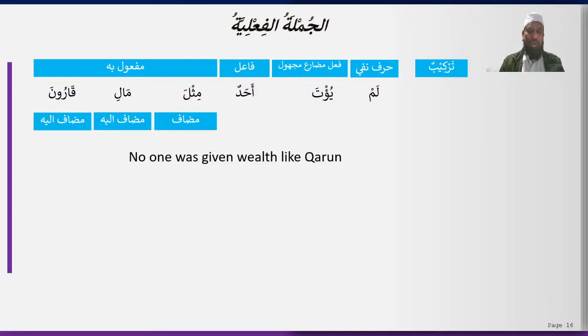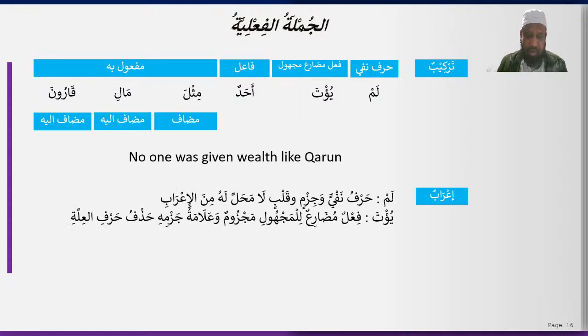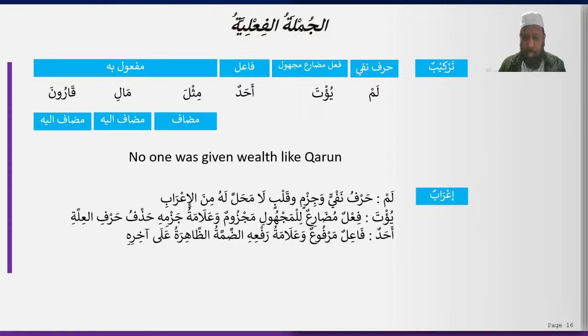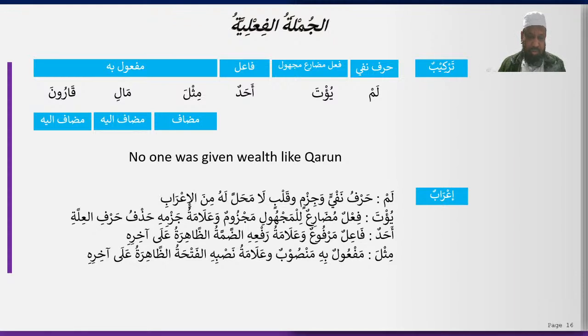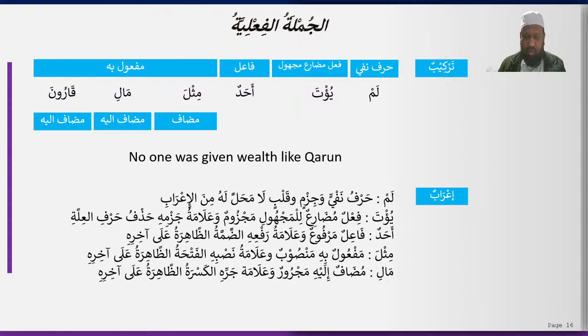Translation: no one was given wealth like قارون. لم يؤت أحد, no one was given wealth like قارون. إعراب: لام حرف نفي وجزم وقلب لا محل له من الإعراب. يؤتى فعل مضارع للمجهول مجزوم وعلامة جزمه حذف حرف العلة. أحد نائب الفاعل مرفوع وعلامة رفع ضمة ظاهرة على آخره. مثل مفعول به منصوب وعلامة نصب الفتحة ظاهرة على آخره. مالي مضاف إليه مجرور وعلامة جر الكسرة الظاهرة على آخره.